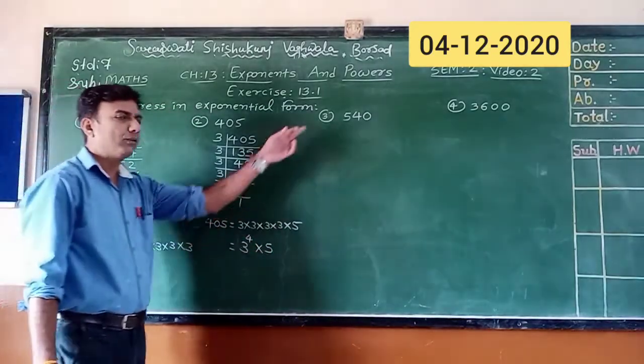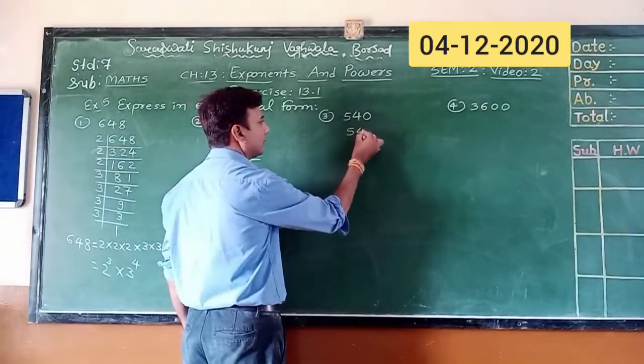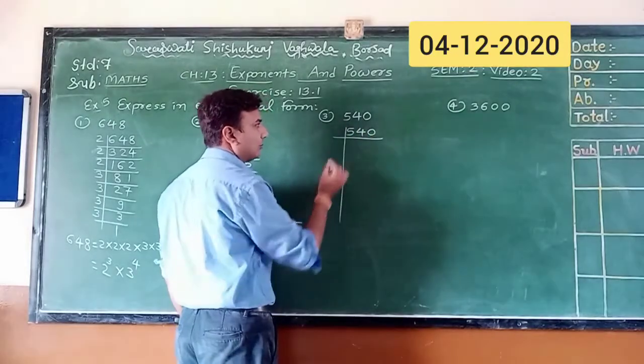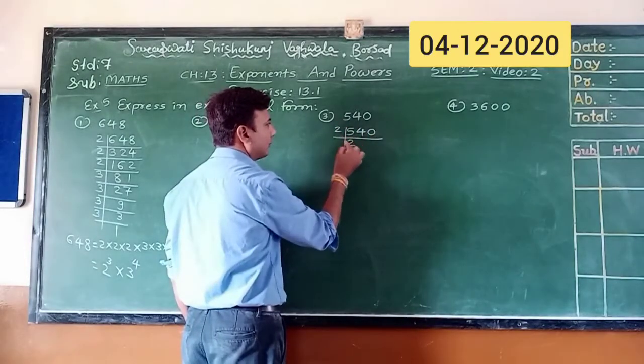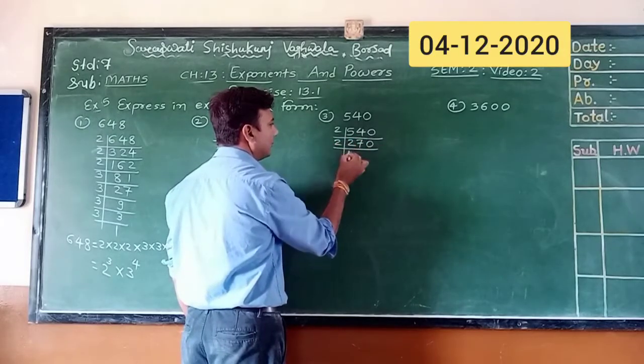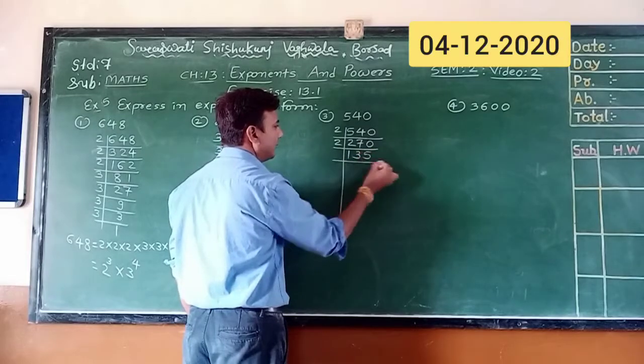Now this 540. In this 540, first we will start from 2. 2 2s are 4, 1 remain 14, 2 7s are 14 and 0. 2 1s are 2, 3 2s are 6, 1 remain 10, 2 5s are 10.